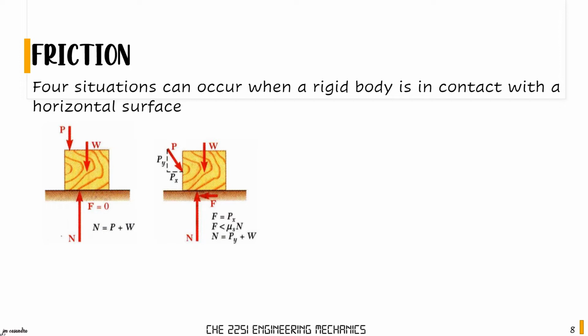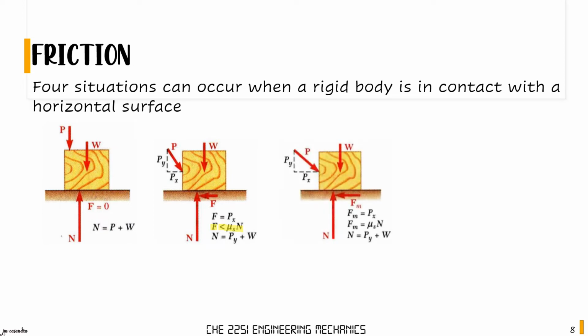If we have here an inclined force or a horizontal force applied to the block of wood, then we will have a frictional force which is less than mu s times the normal force, and this will also be no motion.